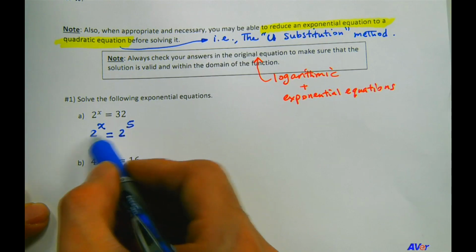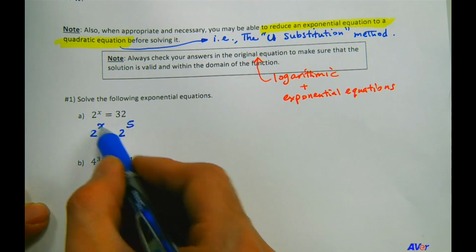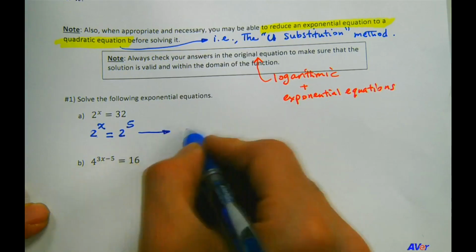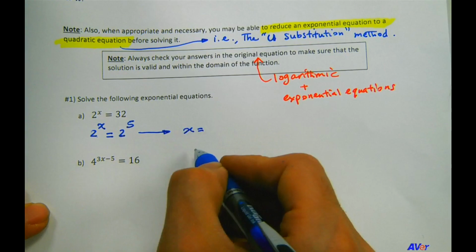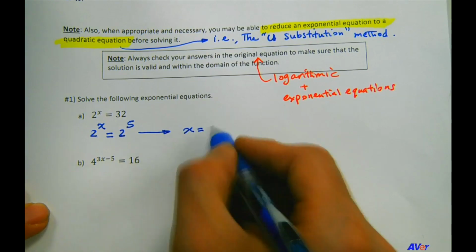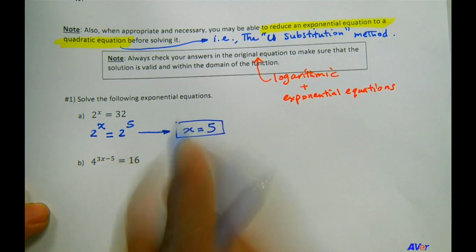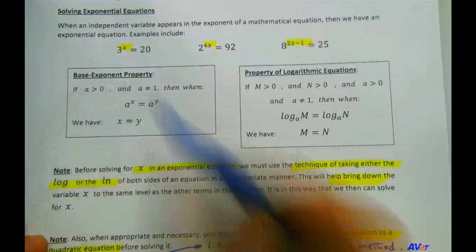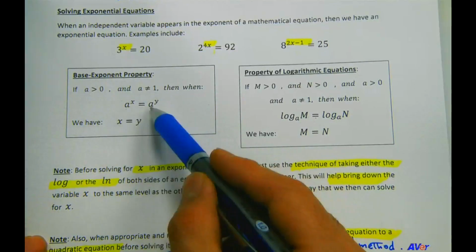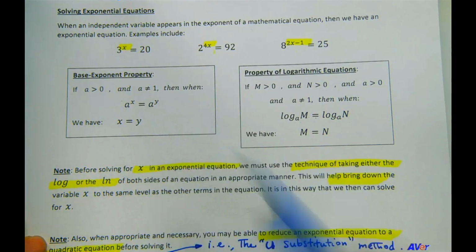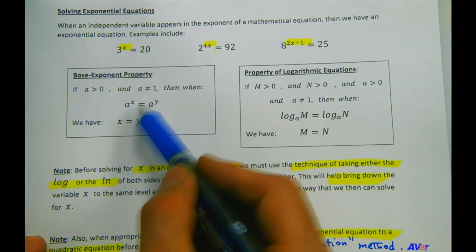Then, if these two sides are to be equal, the powers must be equal. Therefore, x should be equal to 5. That's applying the base exponent property. If the bases are equal, the powers must be equal. Okay, x equals y because the bases are equal.